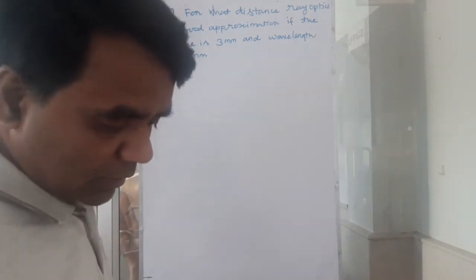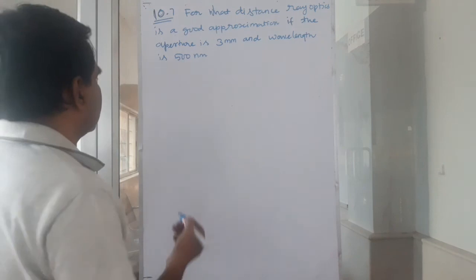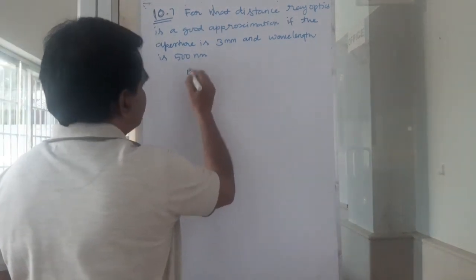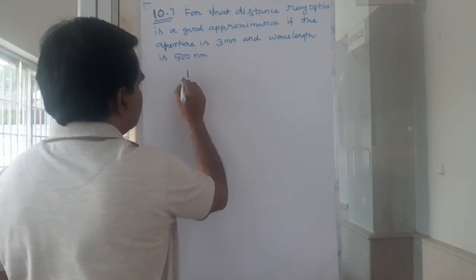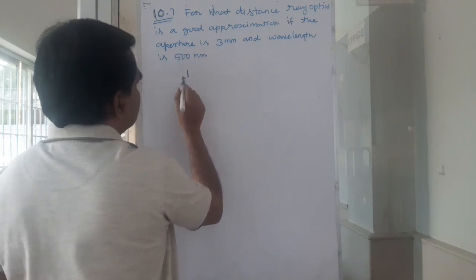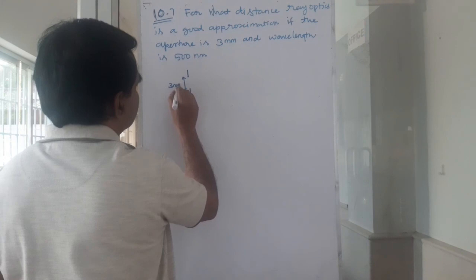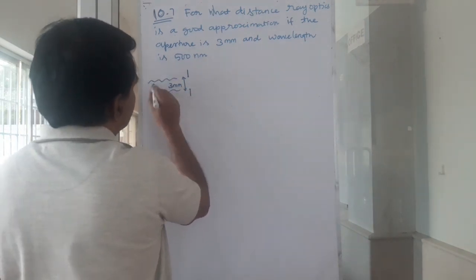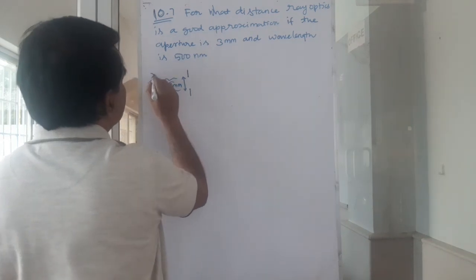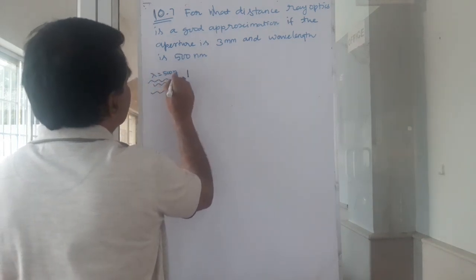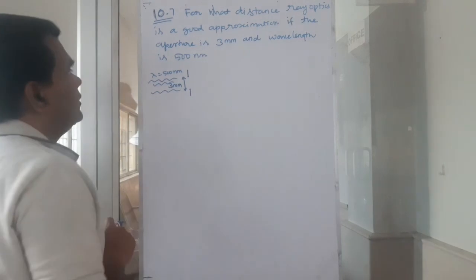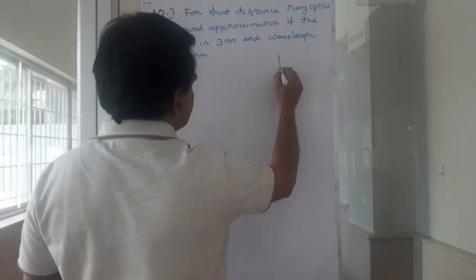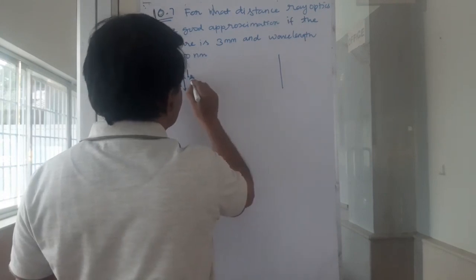So if you have an aperture, this width is 3 millimeters, and the light that you use has a lambda of 500 nanometers, and you're going to have a screen somewhere, then this will flare out.